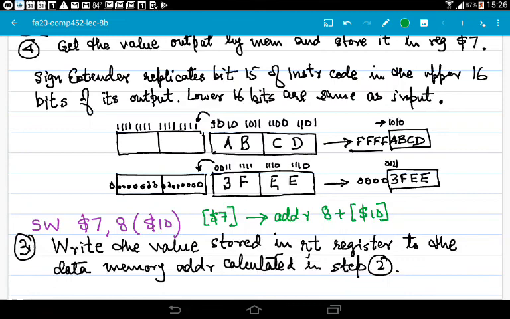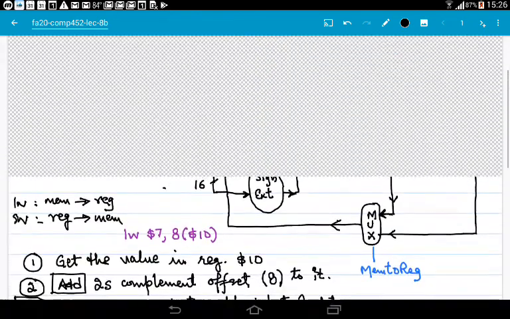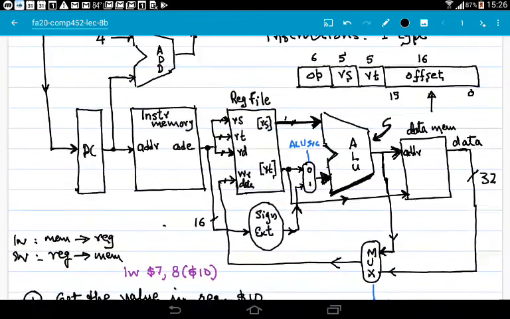Okay. So now this data memory has one address input and a write data input. This is the data input and this was the data output. This is the output port of the data memory and this is the input port of data memory.